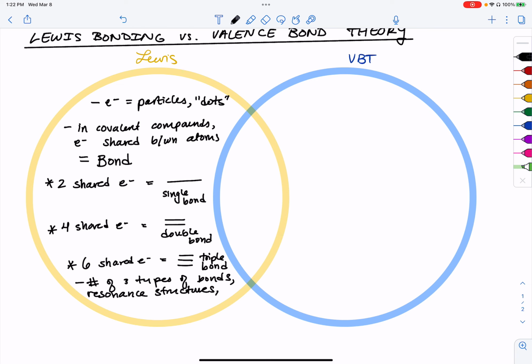And it also tells us the location of lone pairs of electrons, or generally non-bonding electrons. And that's the beauty of Lewis, right? We get this nice two-dimensional portrait of what's going on in the bonding scheme of a particular compound.